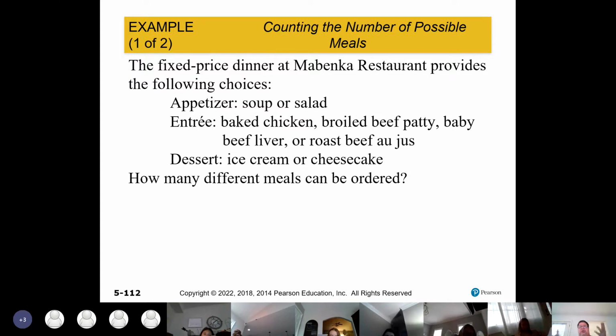Everybody see the connection? It can either be shoes, shirt, pants, or it can be appetizer, entree, dessert. So you might want to put clothing or meal. And appetizer is soup or salad, so that's a choice of 2.